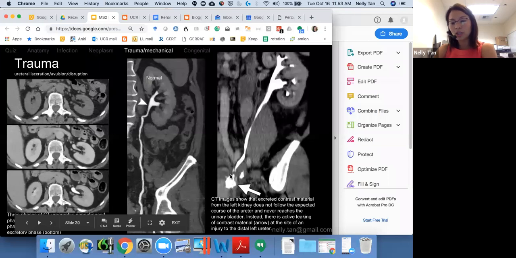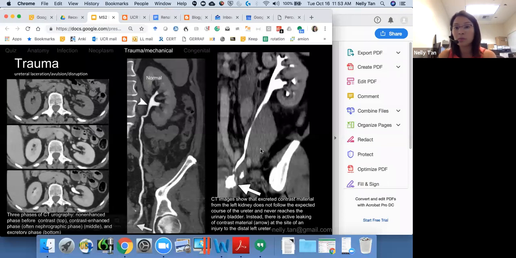Is this in the shape of a ureter? Does it look like the bladder? It's leaking out, yeah. So there's contrast that's coming out. So this is a ureteral laceration, most likely from trauma. Okay, so a ureteral laceration can be completely avulsed or disrupted, depending on the severity of the trauma.